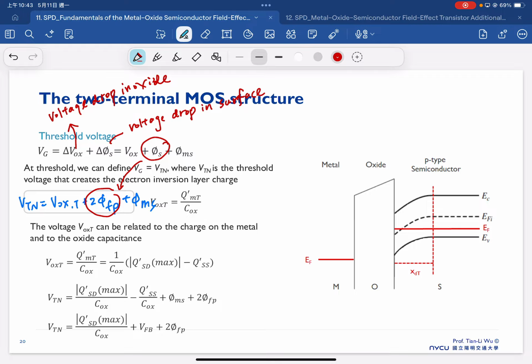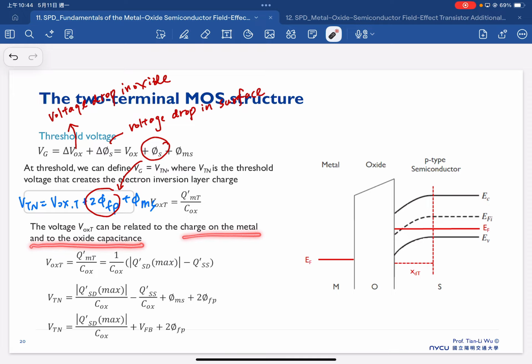Also, Vox can be related to the charge on the metal and the oxide capacitance, so we have this term, which can be equal to this one. So this plus this is equal to this. Now this QMT prime can be estimated by this minus this one. Again, we just put everything inside this term, so we get this one.